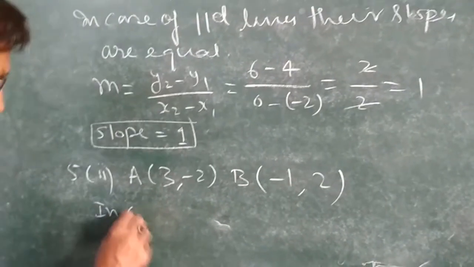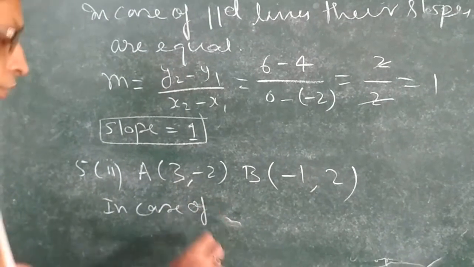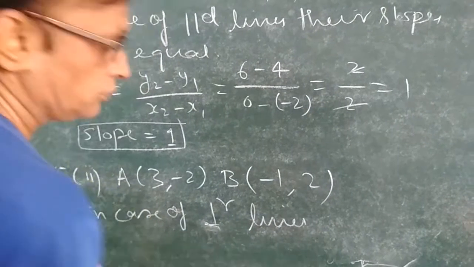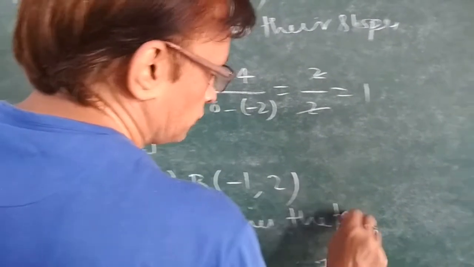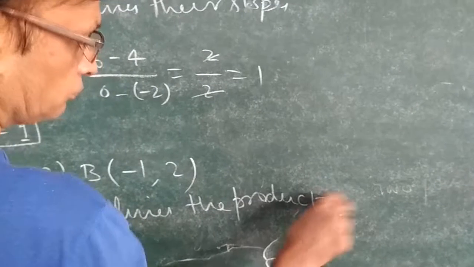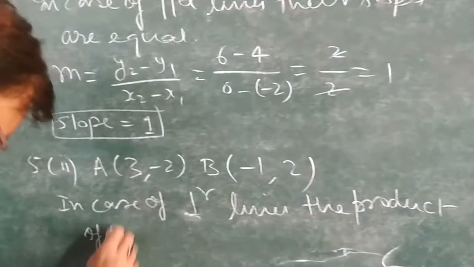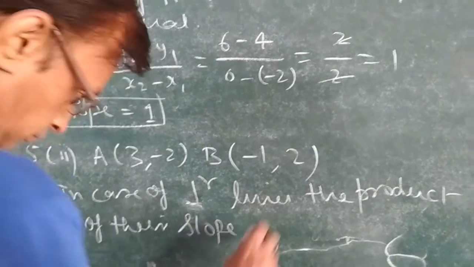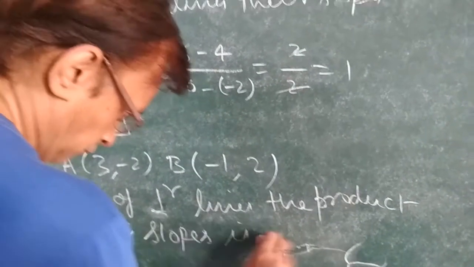In case of perpendicular lines, the product of their slopes is minus 1.